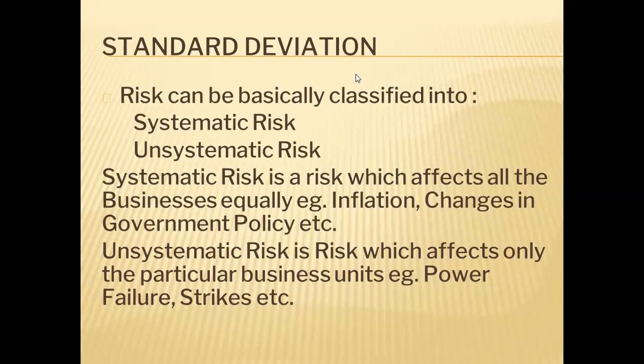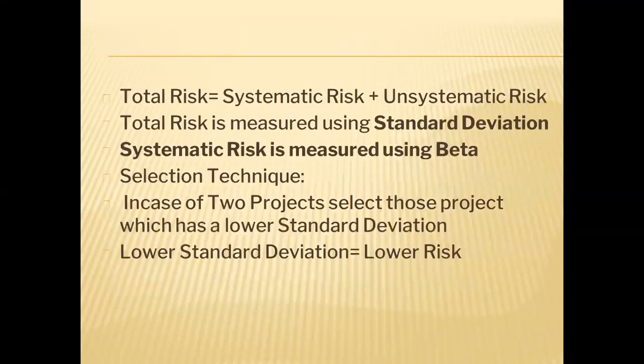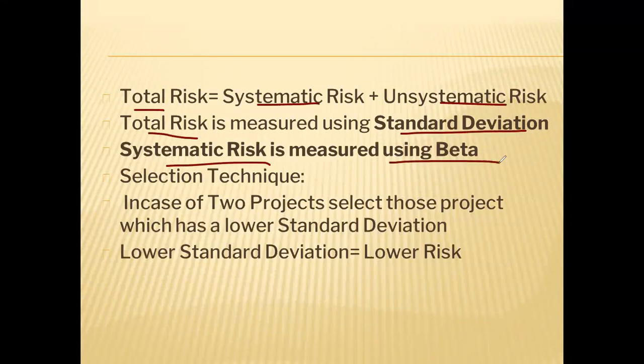Now let us understand what is standard deviation and how to calculate it. See, total risk is systematic risk plus unsystematic risk, and total risk is measured using standard deviation. Systematic risk is measured using beta. So the difference between total risk and systematic risk, we will get the unsystematic risk.